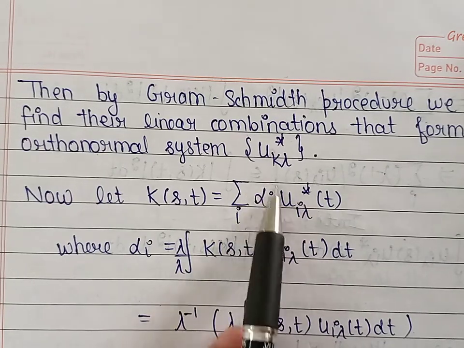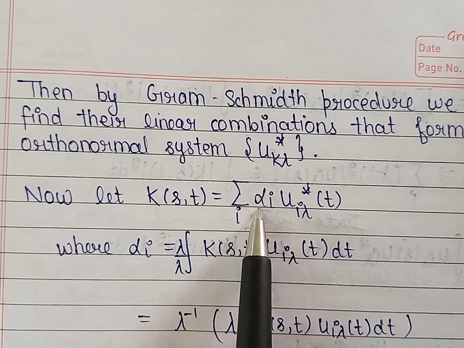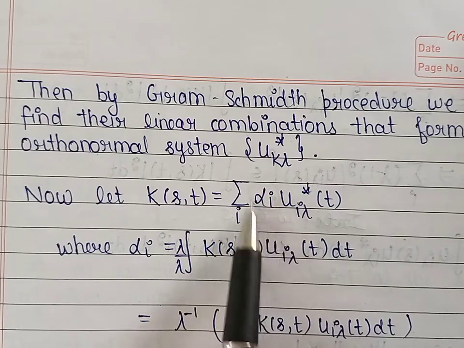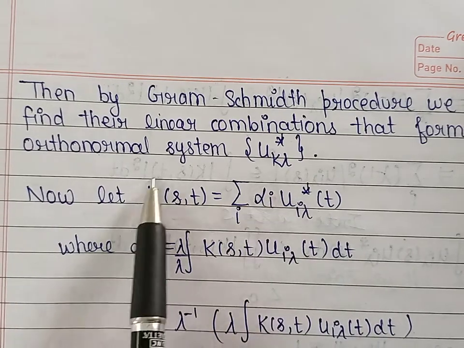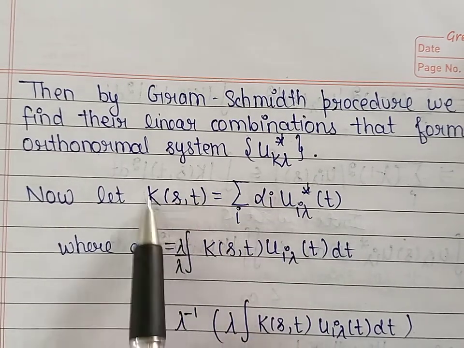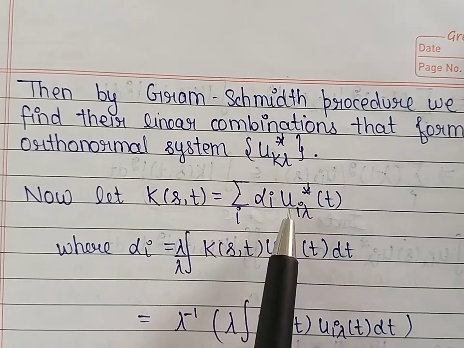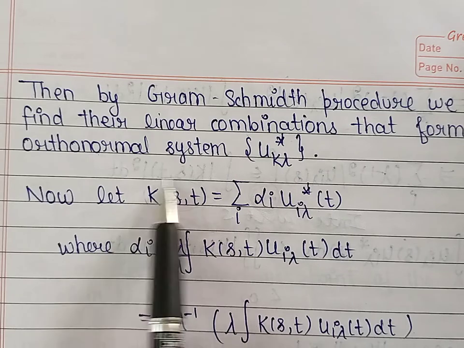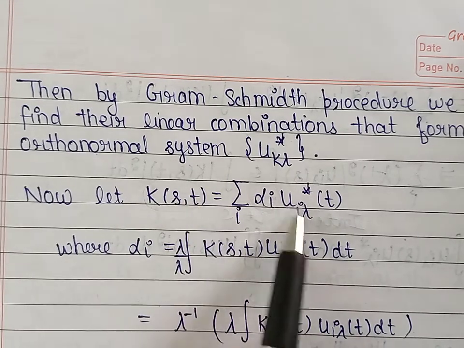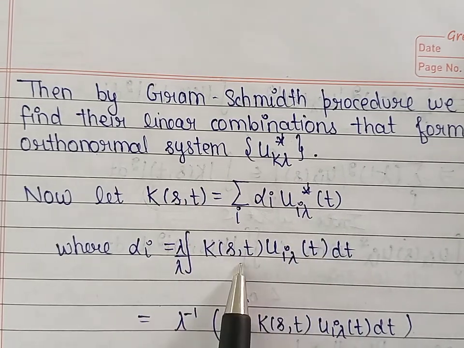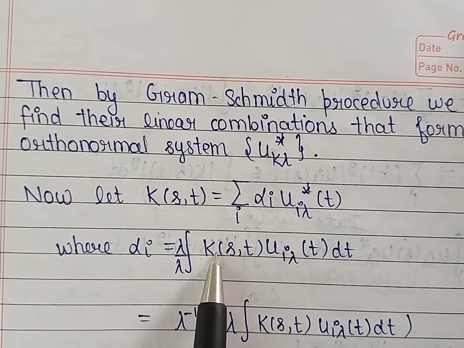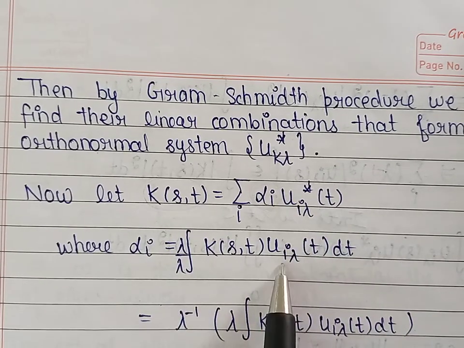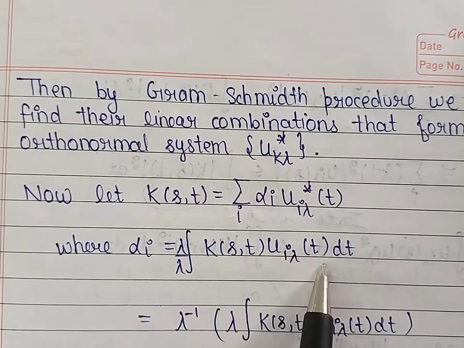Here these alpha i are the scalars known as Fourier coefficients, and by definition they are given by the inner product of the kernel k with the functions ui lambda. So the inner product of the kernel k with the functions ui lambda is given by the integral of k(s,t) into the conjugate of these functions, which is ui lambda.